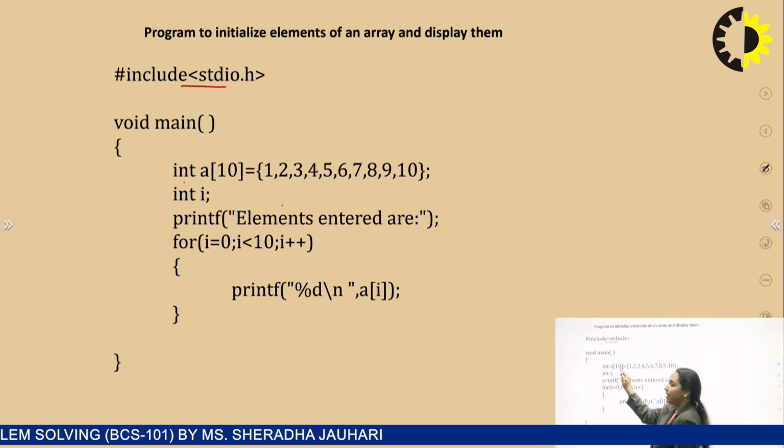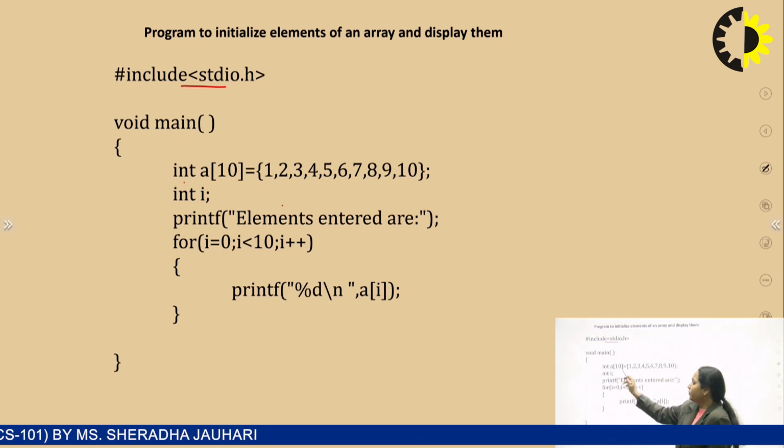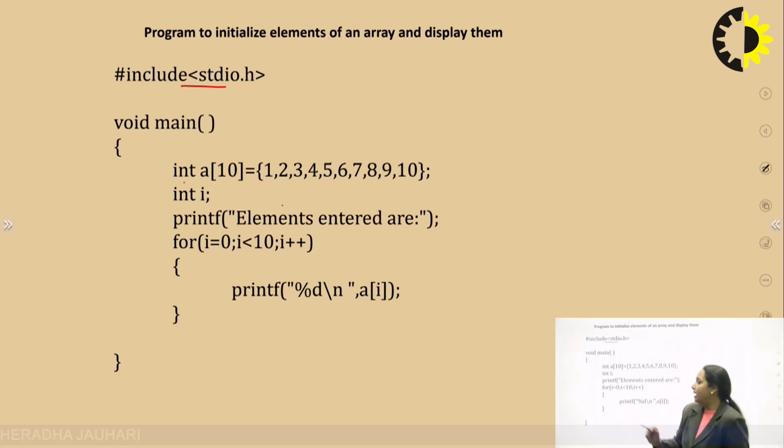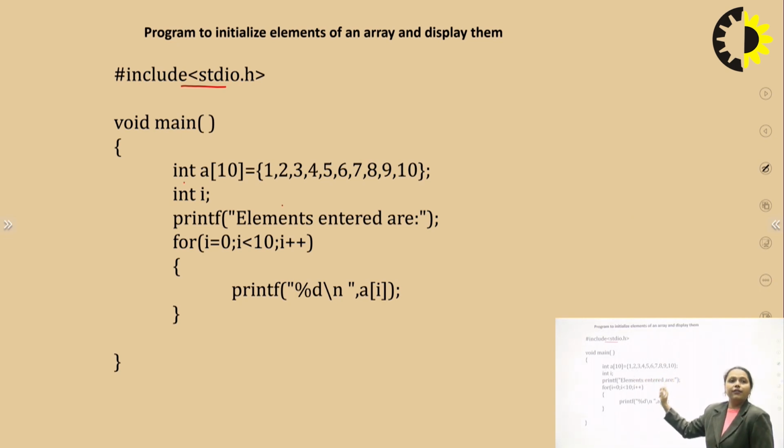So, int A[10] signifies that I am taking an array named A, which is of type integer and its size is 10, which means an array A is created which will contain 10 different integer values. To initialize, within the curly brackets, I have written 10 comma separated values.